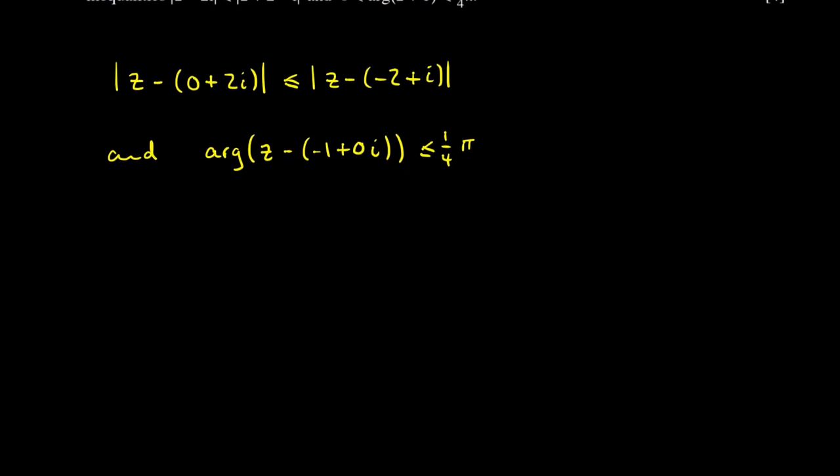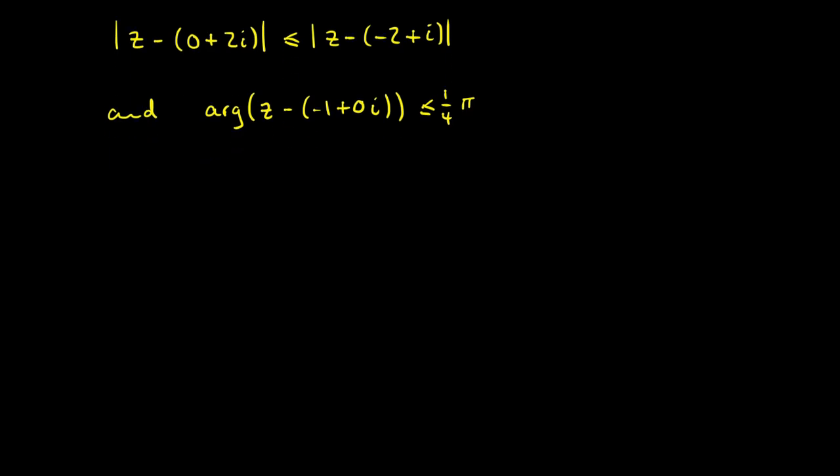even if there is no real part. Okay, now dealing with this inequality, basically we want to find the perpendicular bisector connecting these two complex numbers here. So the way I'm going to do that is I'm going to start by drawing out an Argand diagram. Let's try to do it a bit better than that, I think.